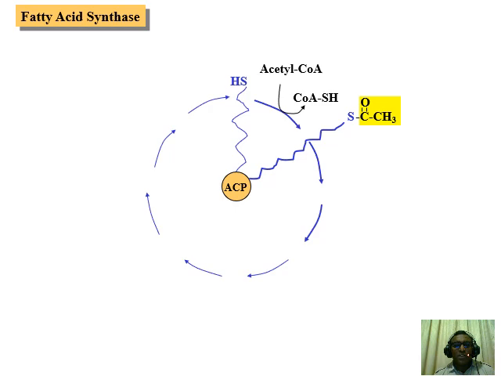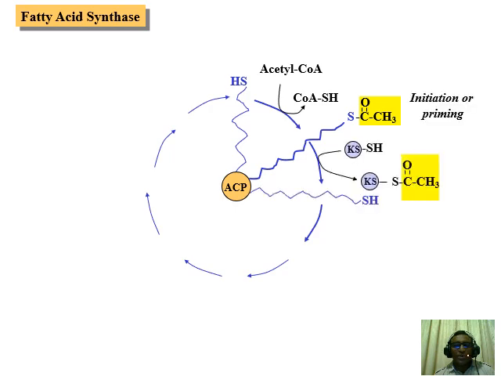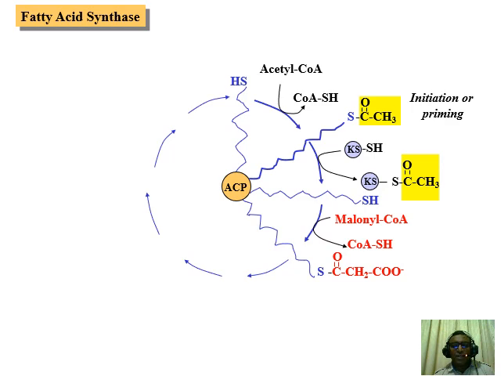However, the acetyl ACP will transfer the acetyl group to the condensing enzyme. So now ACP is free again, and that will be attached to malonyl CoA to become, as shown here, both the malonyl component as well as the acetyl will react and therefore become longer.